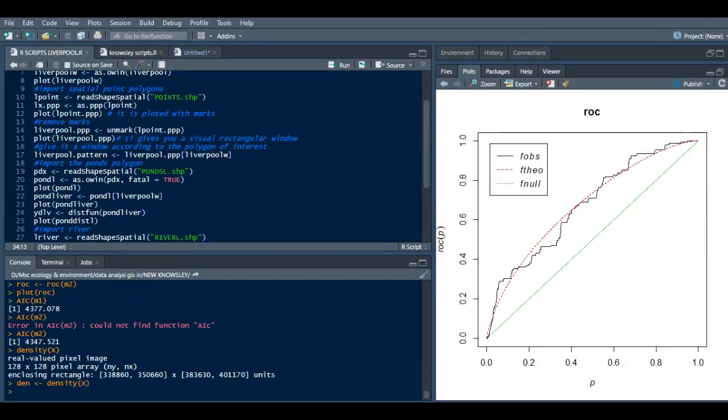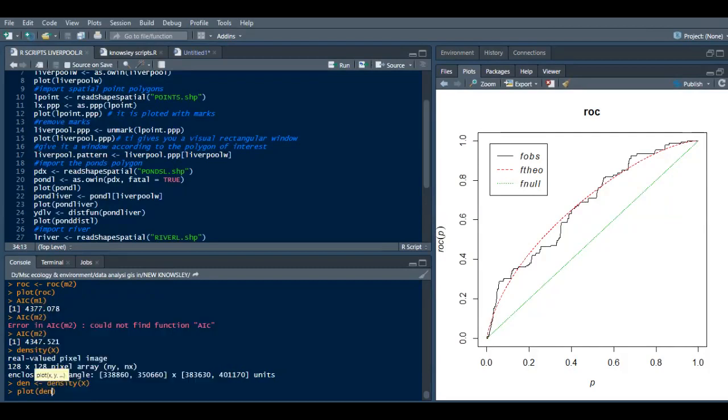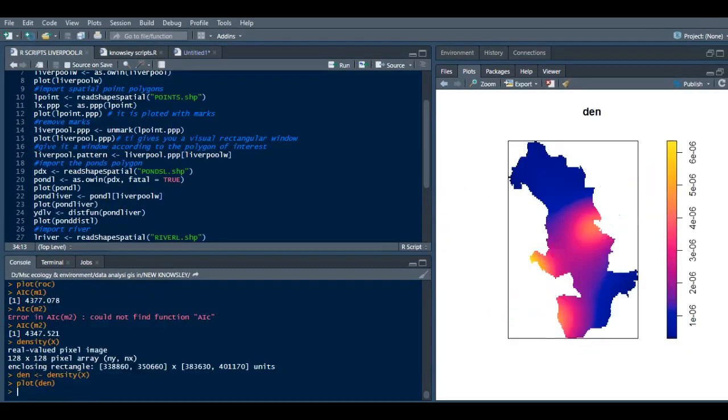Then plot the density. If you can see, this tries to predict where the highest recording is likely to occur. Basically that.